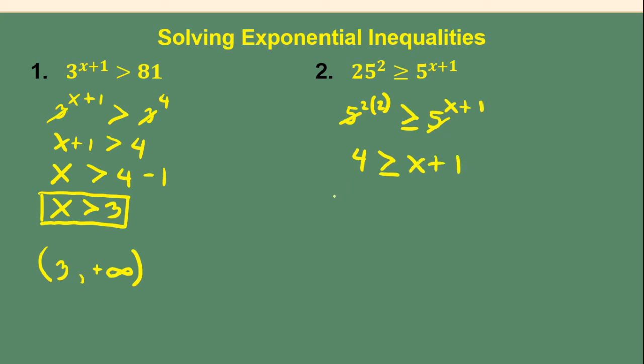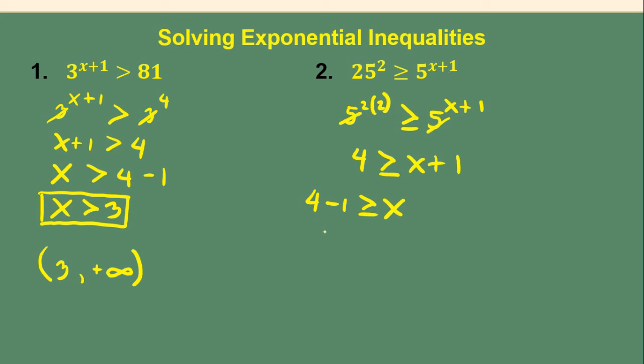Okay, so this time we will have two solutions, or we can have two processes, but we can come up with the same solution. So first, 4, and then move 1 to the left side, so that will become negative 1, is greater than or equal to x.